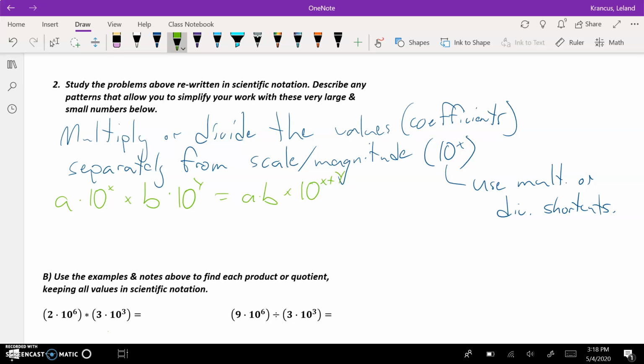So you're basically just using the associative property here: you can take these two and multiply them separately from these two.